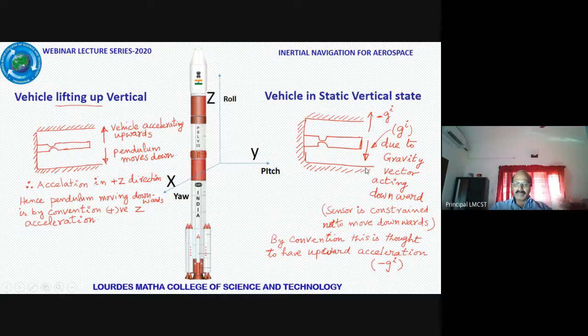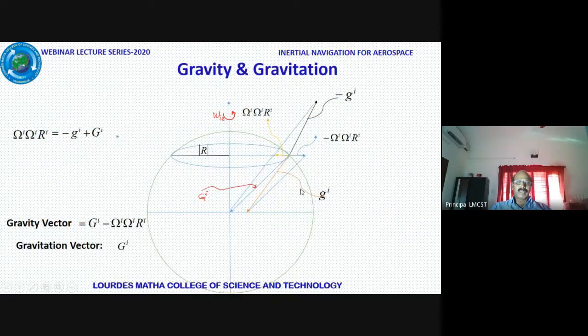Downward means, yeah, local down. And this we say by measurement in the opposite direction. So the sensor is constrained to move, by convention, without upward acceleration. Correct. So this is set right.